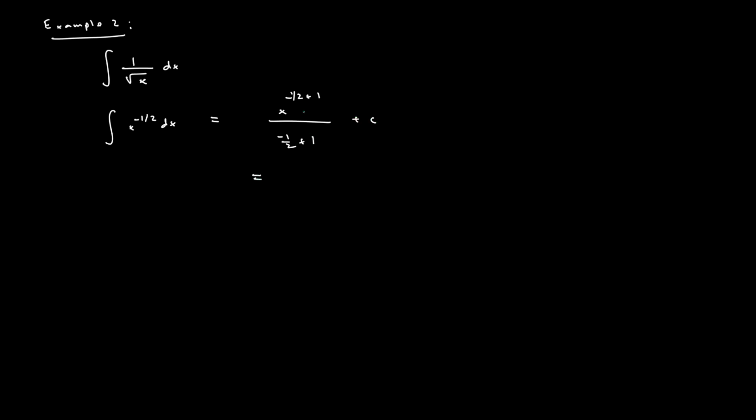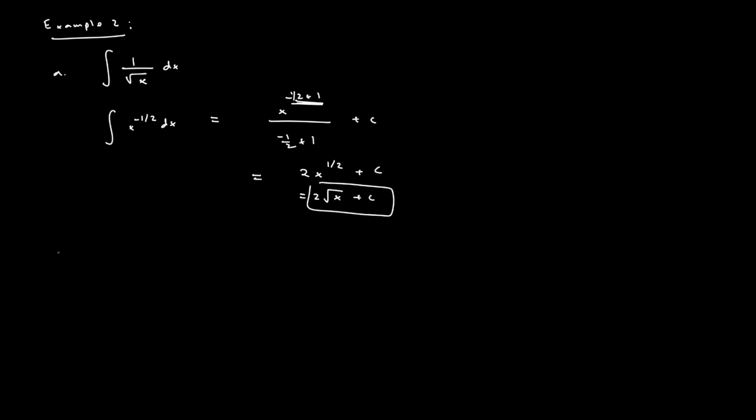Similarly, this is 1/2. So we have x to the 1/2 divided by 1/2, but that's just multiplying by 2, plus c. You can rewrite this as 2 times the square root of x plus c, if that's the form that you like. So that's the first part of that example.